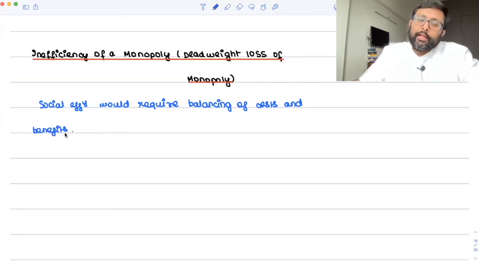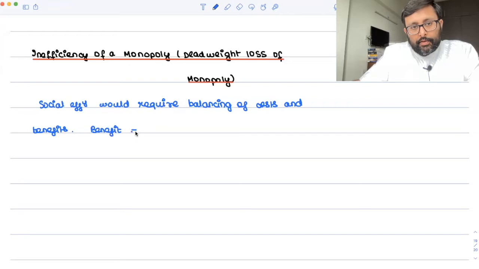So how are you creating benefit? You are creating benefit by giving something of value to the people.